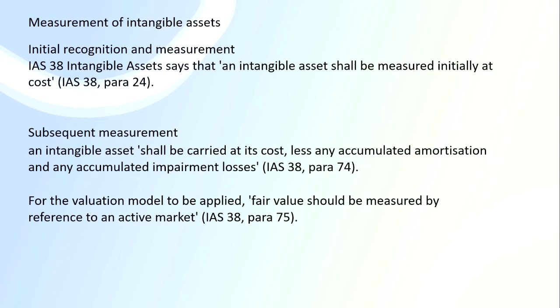After you recognize at cost, at the end of the accounting year, you need to measure it at the carrying amount, meaning the cost minus accumulated amortization. And then for the revaluation model to be applied, fair value should be measured by reference to an active market, which is International Accounting Standard 38, paragraph 75.